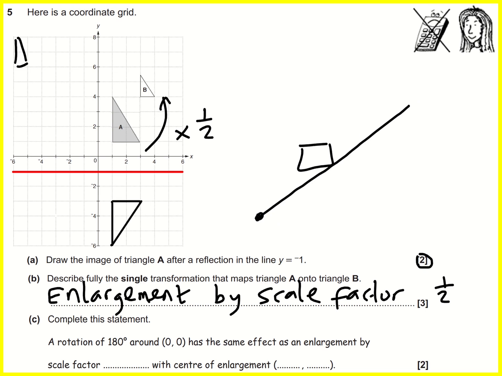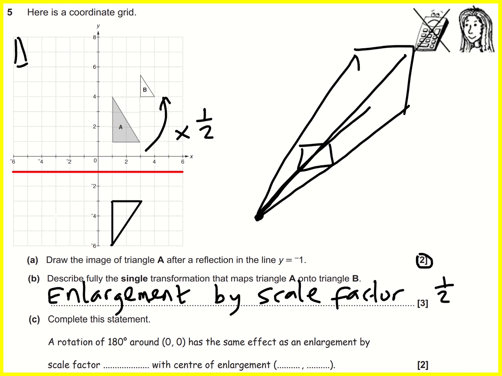And I'd have to do this really carefully. That's not right. Yes, it is. That's okay. And it might look a bit like this, and that would be my biggest square. Actually, not too bad. The point is that if I have a centre of enlargement and a shape, and I do a scale factor of say 2 or 3, the shape goes beyond and gets bigger over here.